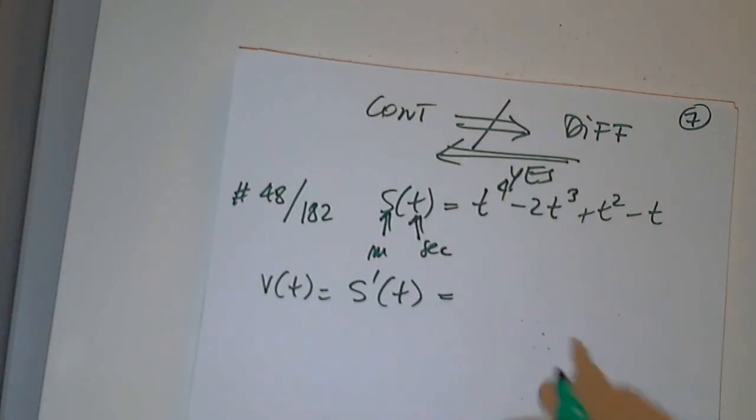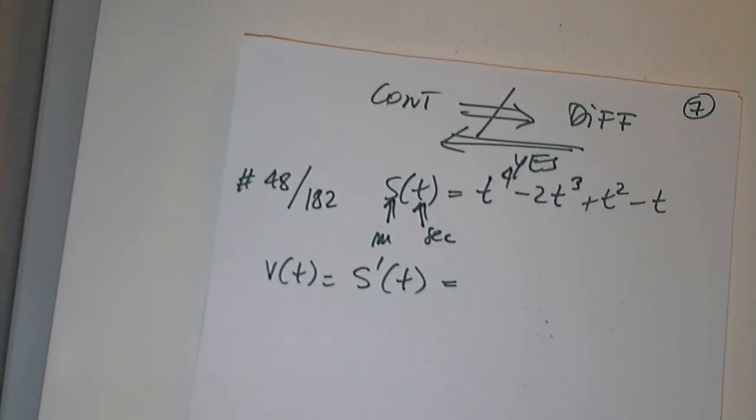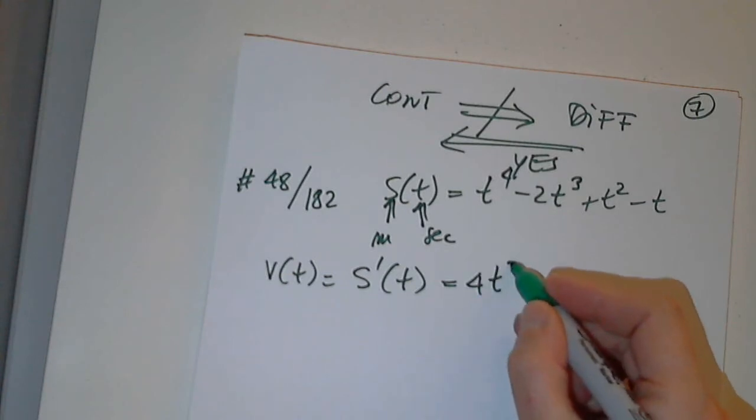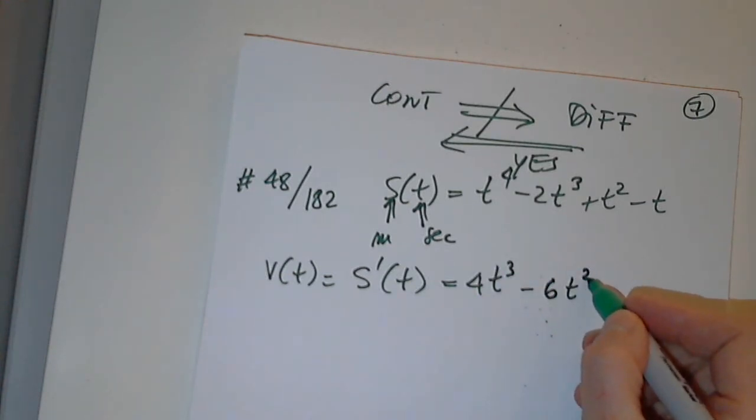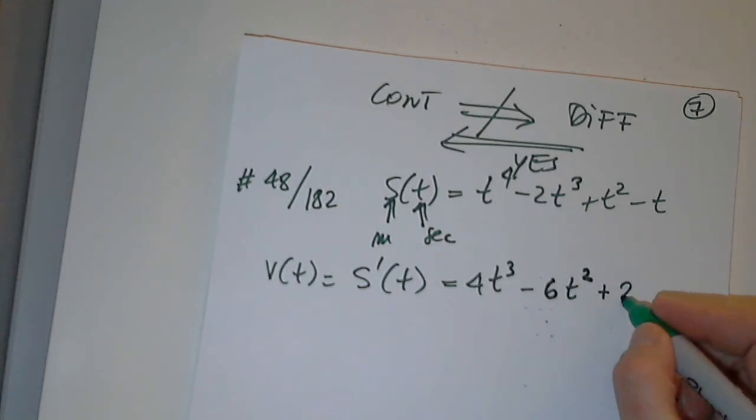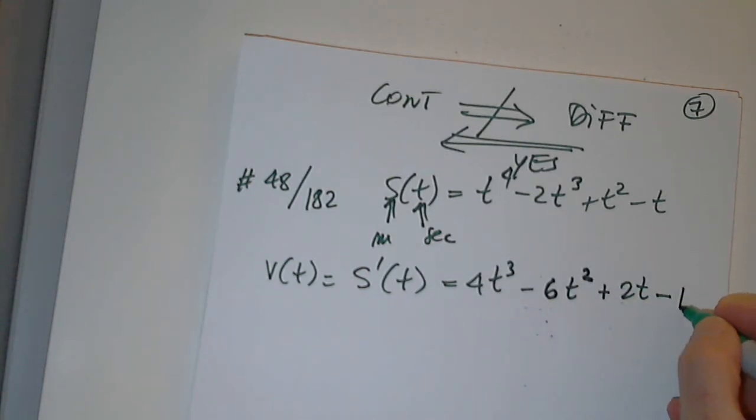Can anyone give us s prime? 4t to the power of 3 minus 6t squared plus 2t minus 1. Excellent. Thank you, Payne. Very good. Everyone understands this step? It's okay if you say no. Okay, so the power rule says that we have to bring down the power and subtract 1 from the power.